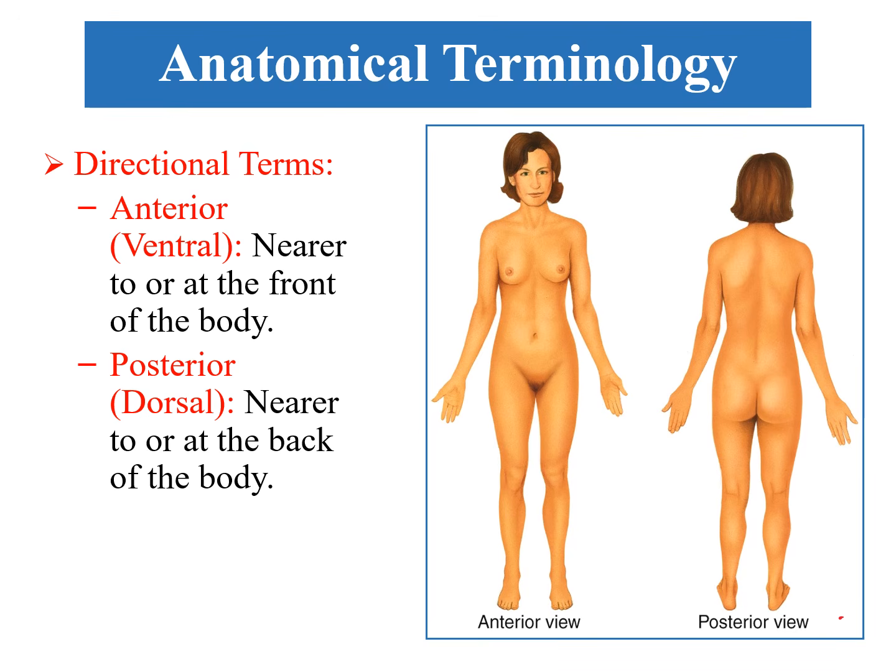The other pair of directional terms include anterior, also known as ventral, and posterior, also known as dorsal. A structure that is anterior is nearer to or at the front of the body.